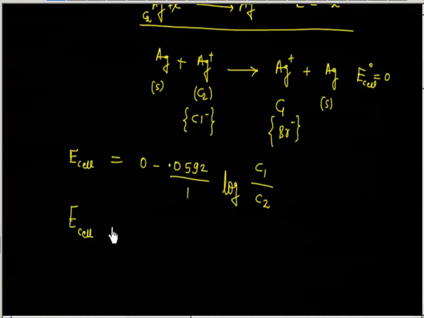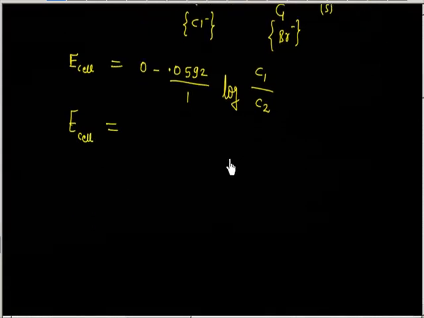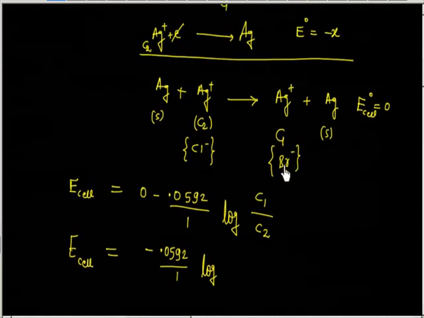So E cell is equal to minus 0.0592 divided by 1, and log of C1. So you can calculate C1. C1 is coming from Br minus, so I can write Ag plus into Br minus, and that is Ksp of AgBr.